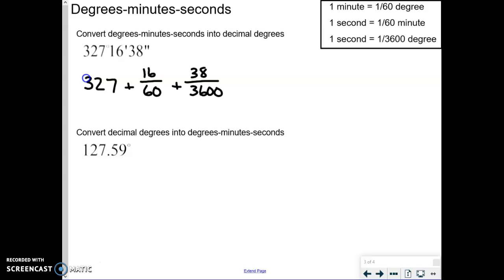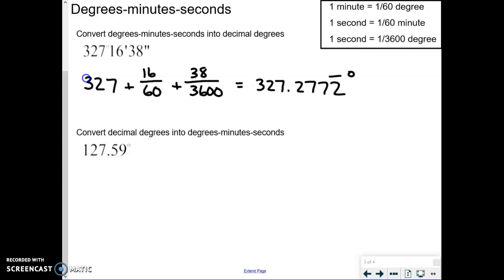So if we add all those together and we do our math as a decimal instead of a fraction, we would end up with the following: 327.2772 repeating degrees. Always give an exact answer, since we are looking to be as exact as we can with this type of a measurement. So that's how we would go from degrees, minutes, and seconds into a decimal degree.